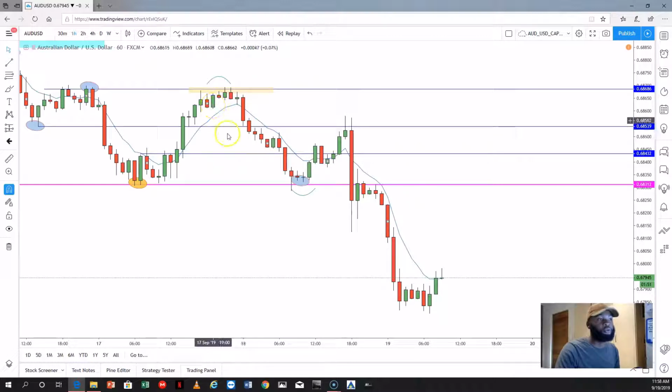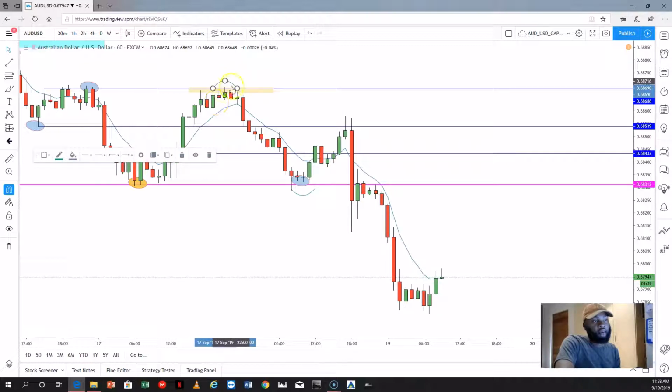In yesterday's post, I was going through price structure. So this is what we had yesterday. We had a high, and then we had a low, and then price came to make new lower highs.